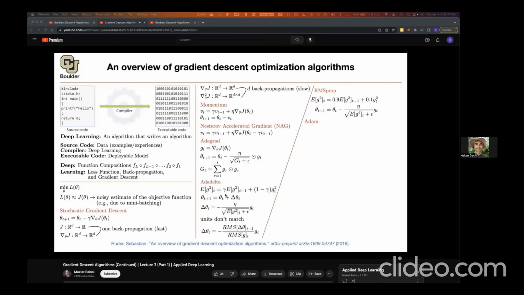The other change is eta. For ADA delta, eta is just the root mean squares of your delta thetas. So for ADA delta, you don't have to specify your eta, but for RMS prop, you have to specify it. Got it. Okay.